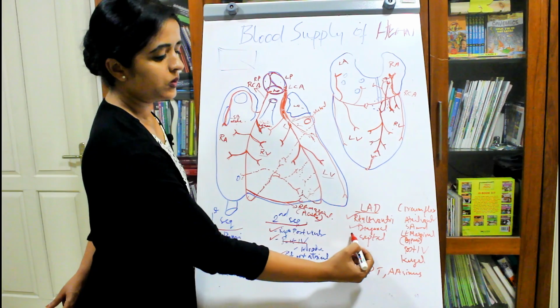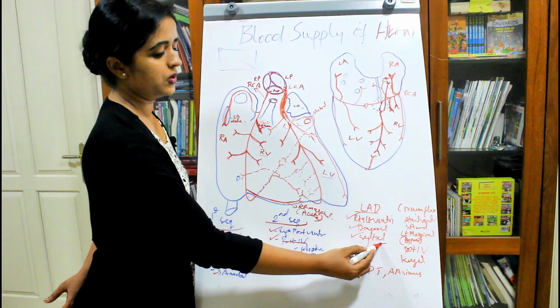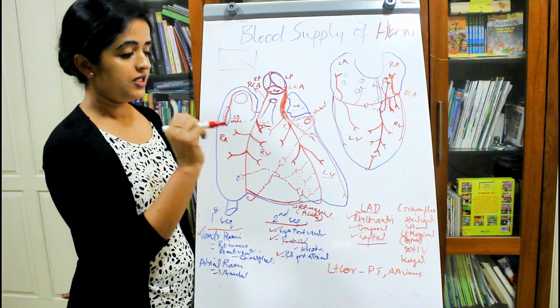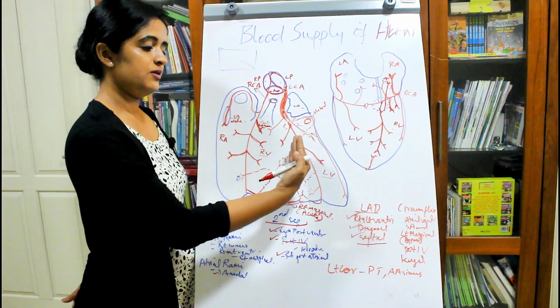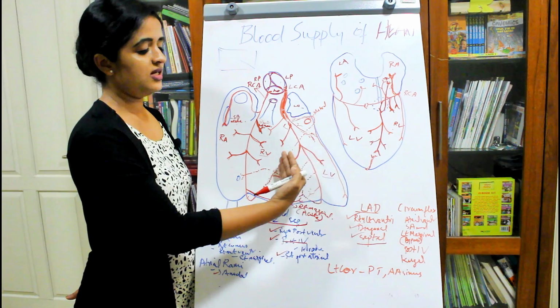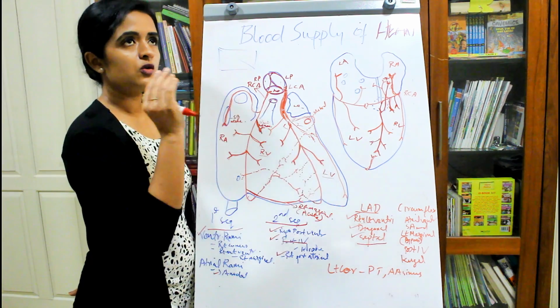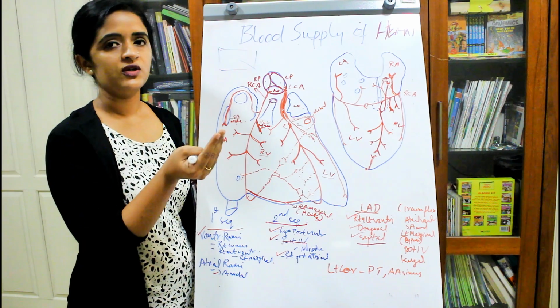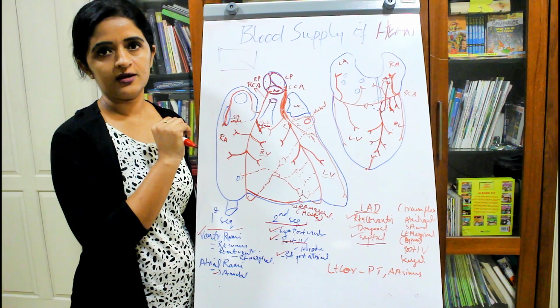Now, one important point which you should know is the septal branch. What do you mean by the septal branch? There is an interventricular septum between the right and left ventricle, and it is supplied by the right coronary as well as the left coronary artery.